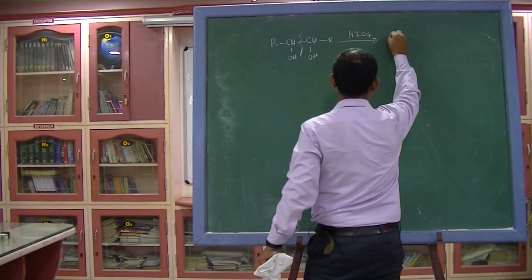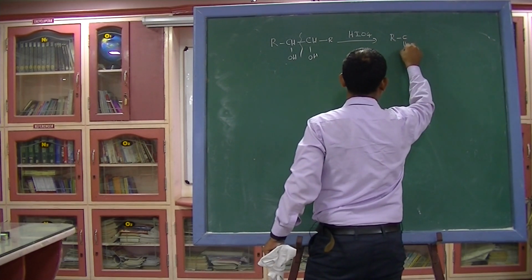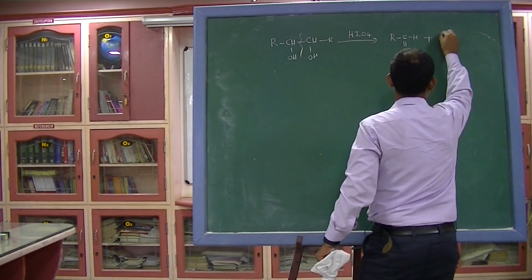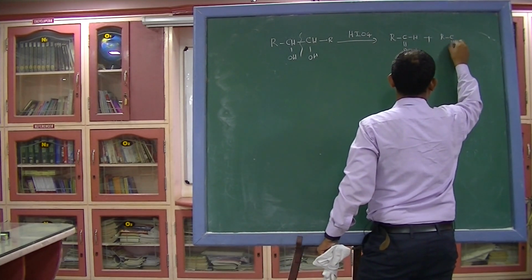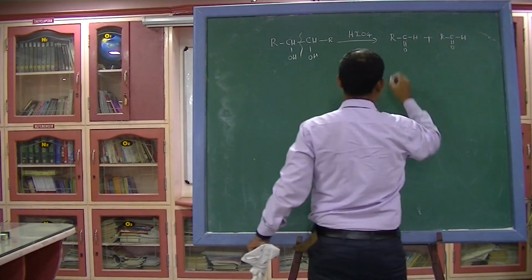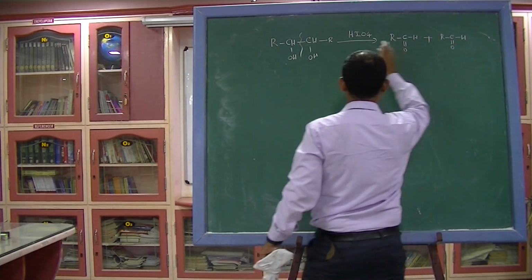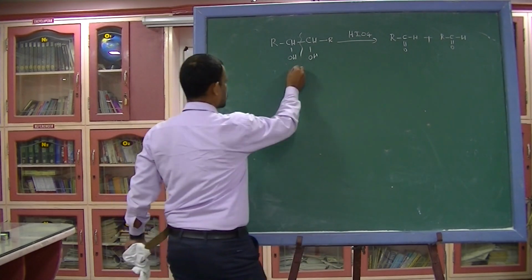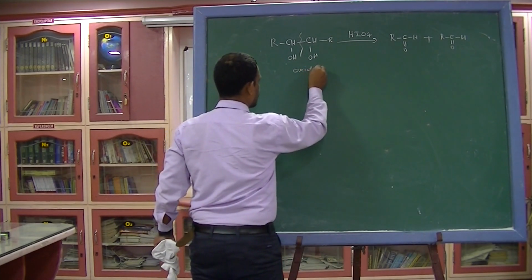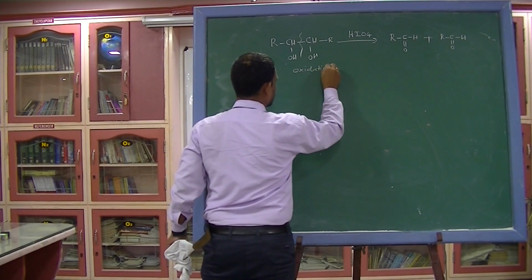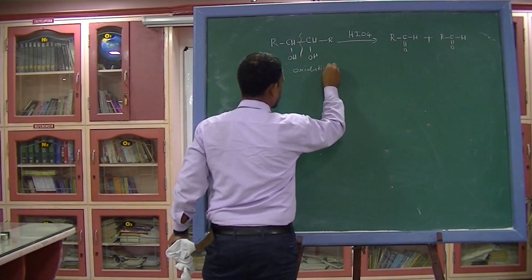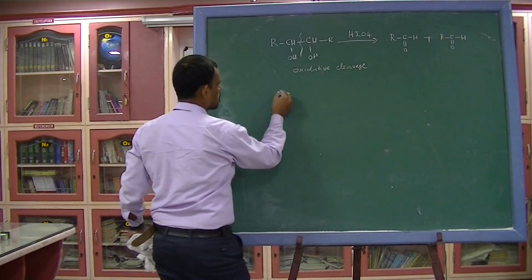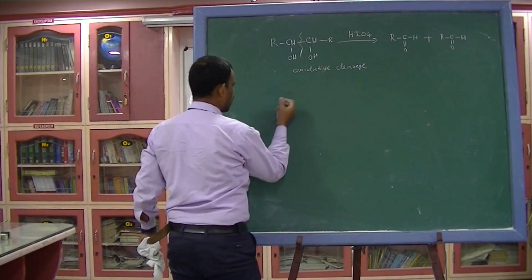So this will become RC double bond O and this part will become RC double bond O. So you will get 2 moles of aldehyde if you use periodic acid. This is nothing but oxidative cleavage. So the mechanism goes like this. Suppose you have a diol or triol.